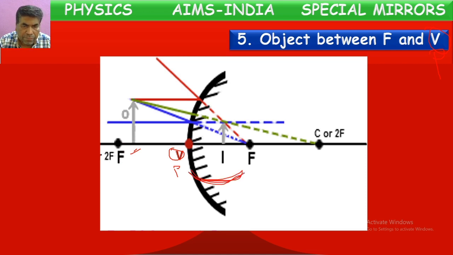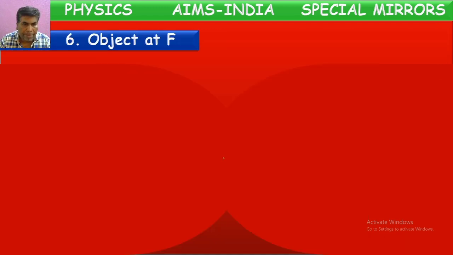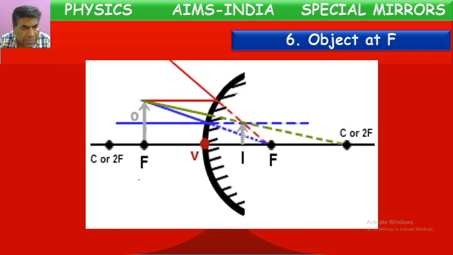Between P and F, the image is formed. Same nature, same types of rays. When the object is at focus, then also between P and F, same nature, same kind of rays.